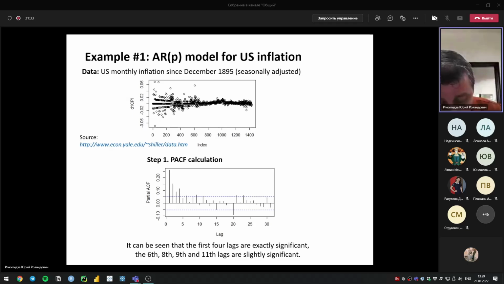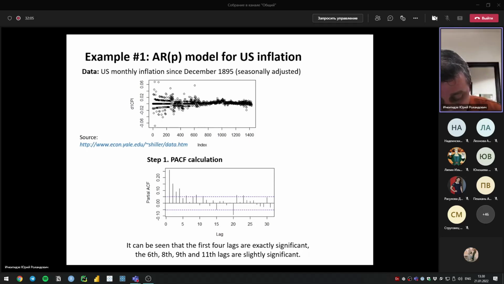This is a very important choice of the researcher, depending on what he needs. AR4 for sure. AR6 questionable. AR9, AR11 also questionable. So here we have 4 alternatives. Well, you can also include AR20 in the model if for some reason it is necessary.